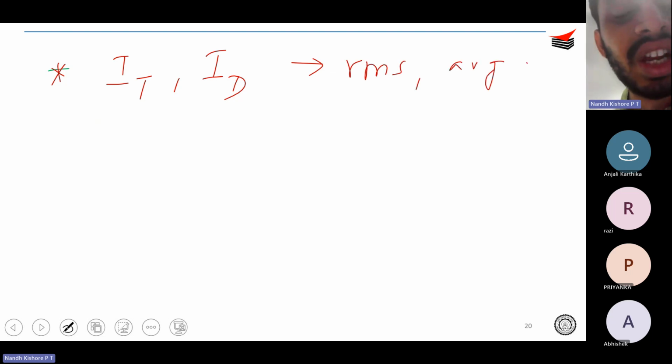The trick is, for each converter, if you want to find out what is the thyristor current or the diode current, draw the converter, okay? Draw the converter and then try to recognize when the thyristor is on, when the thyristor is off, when the diode is on, when the diode is off in the entire cycle. Okay, from that you can calculate the thyristor current or the diode current very easily.